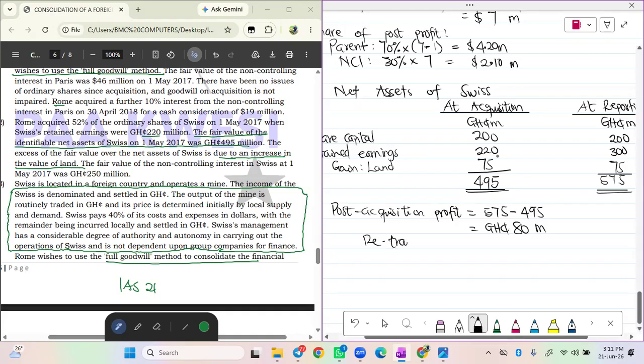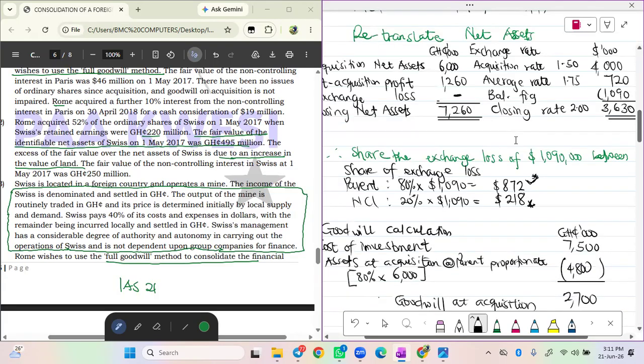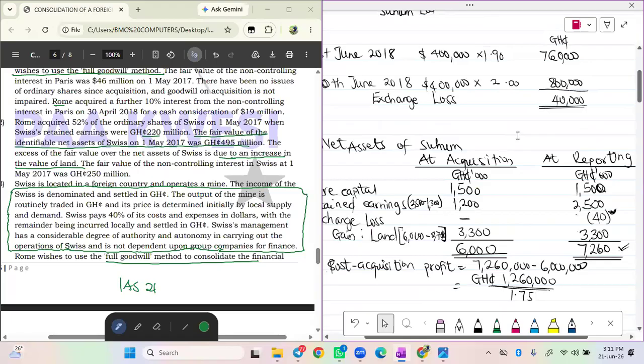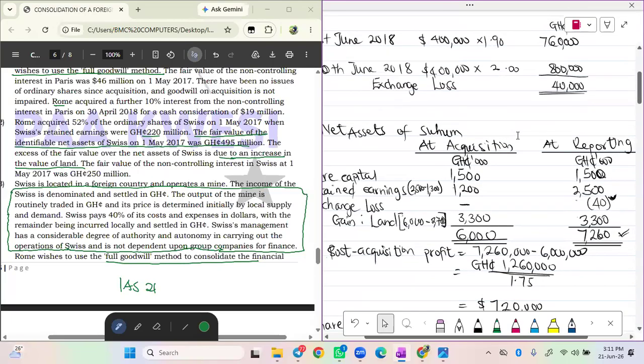That is what we did this morning. So see, for Suhum, after determining the post-acquisition profit in cedis, we got 1260. After that, we translated it to dollars before sharing the profit.